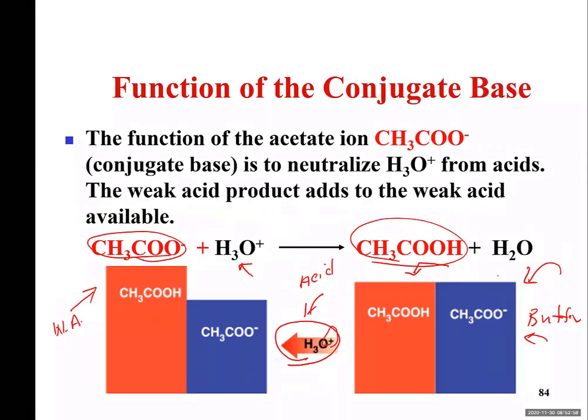As a result, they keep the pH relatively fixed. Now, pH changes if we add H3O plus, but the buffer is going to kill it. pH is going to change if we add OH minus, but the buffer is going to neutralize that. So we have a system which has relatively fixed pH.